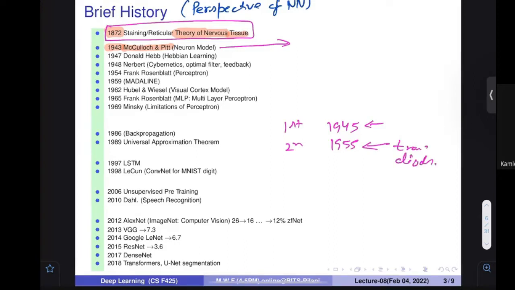So at the time of this experiment, computers were not even available. They were very big systems; even a small computation required a very big setup of multiple rooms.